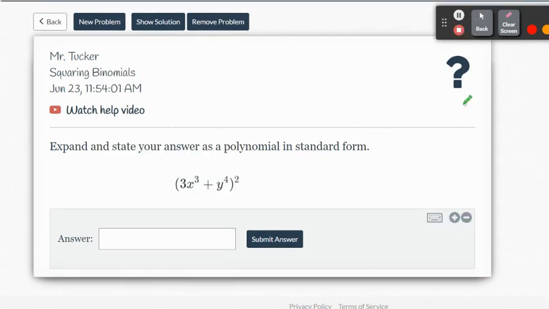Now, if I utilize my perfect square trinomial formula that I was just talking about a moment ago, life gets a lot better. I don't have to write this thing out and double distribute.